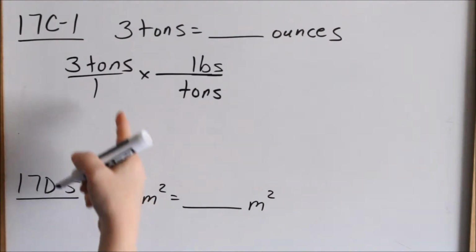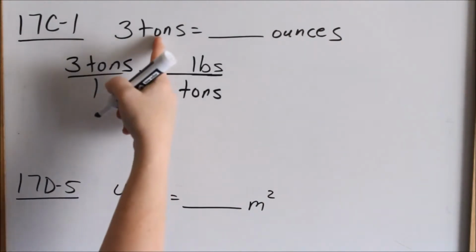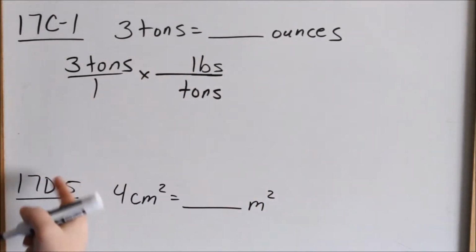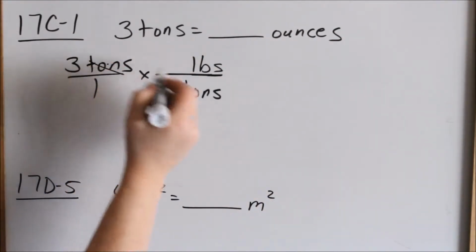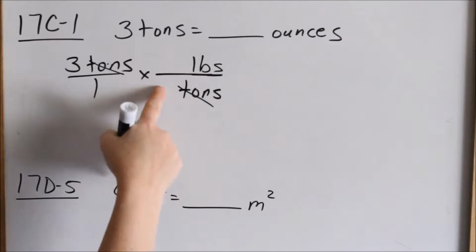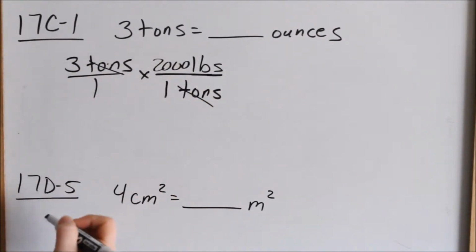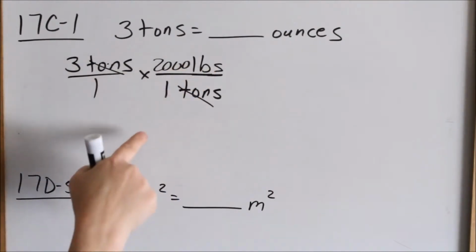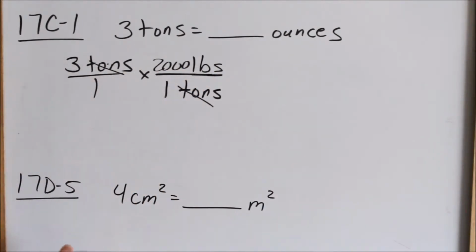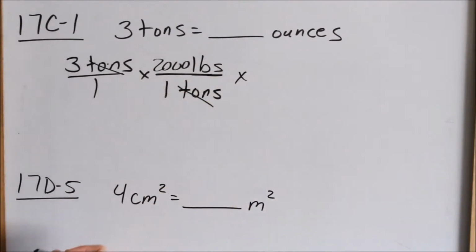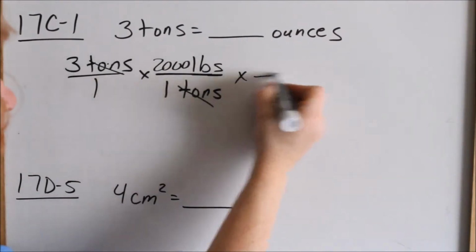Some of these problems, it will take a 2-step process to go from the unit that you have to the unit that they're asking. So here, my tons will cancel. And what is my conversion? There are 2,000 pounds in 1 ton. So 2,000 goes with pounds, 1 goes with tons. That's going to leave me with pounds, but I don't want pounds, so I'm going to multiply by another conversion factor.